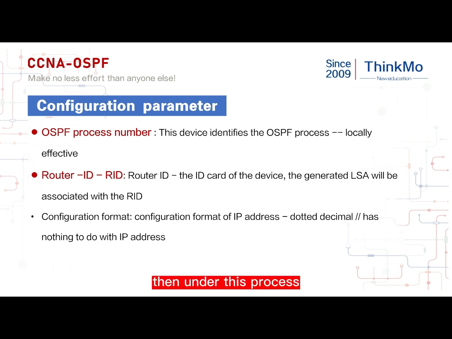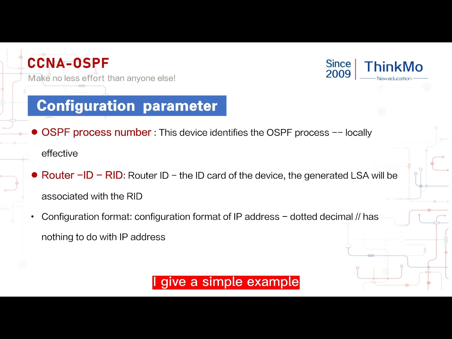Then under this process, information about all your interactions, configuration you made, the announcement you made, will be owned by the process. It will help you maintain and calculate. That's what I mean. In addition, OSPF processes can open multiple, but at the moment only one. Between different processes, you can declare different content.